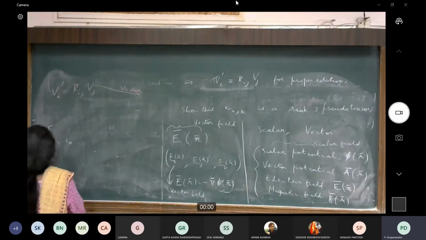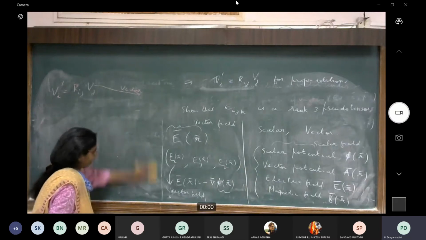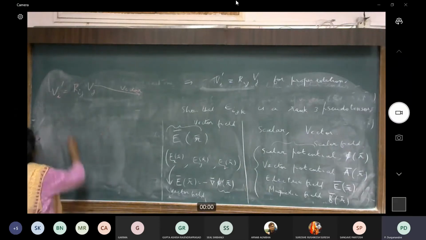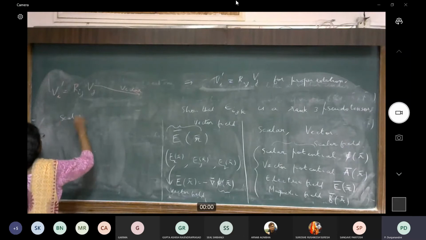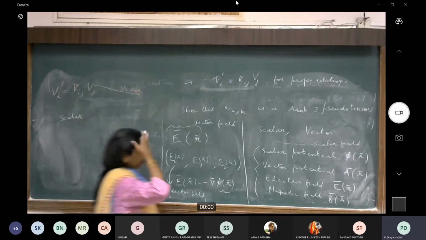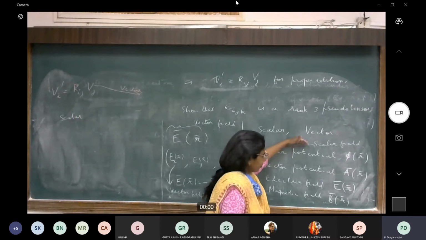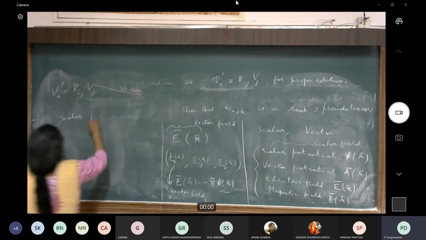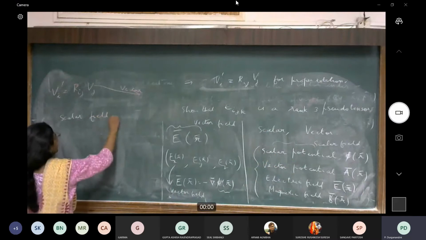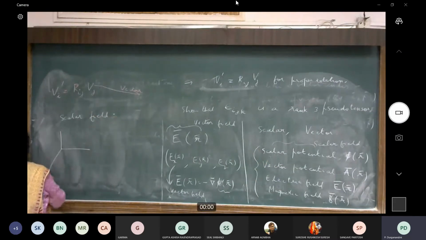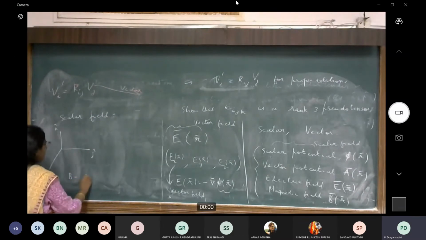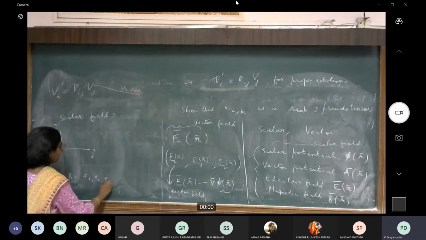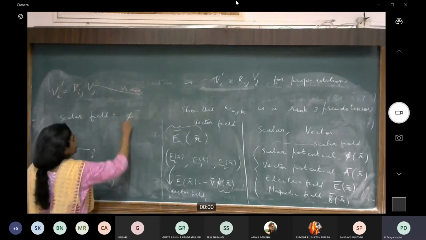So again, you can see that by definition, a scalar field, and keep the scalar potential in mind because it's very useful when we understand this. If you think of your electrostatic potential, phi of r, then a scalar field is by definition something that, so if I'm in one coordinate system, or again, I'll go back to my basis, so if I have V equal to E1, E2, E3, it is some object which is one object.